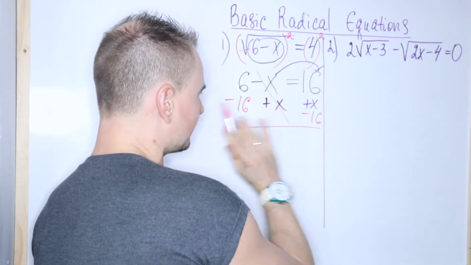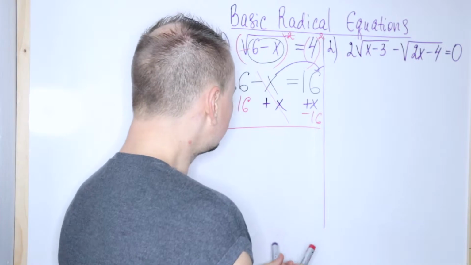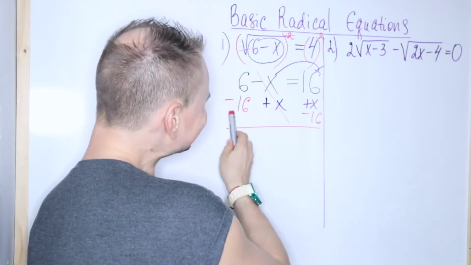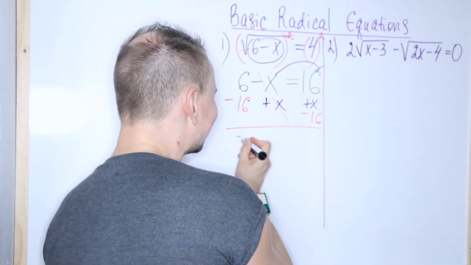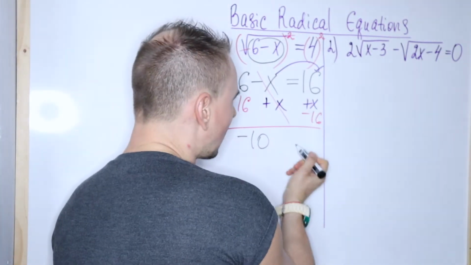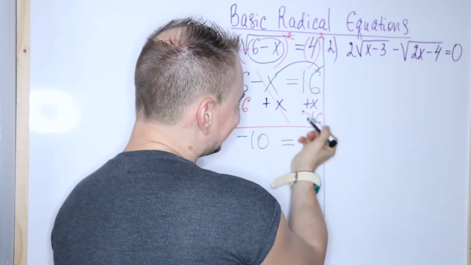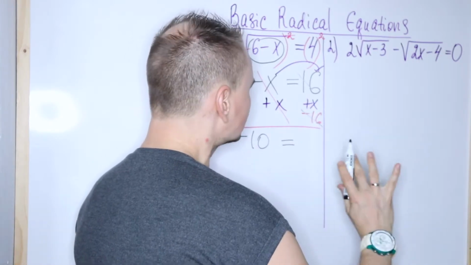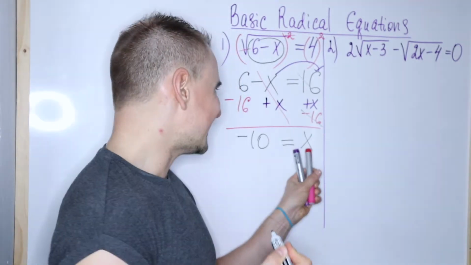So x goes away, disappeared, and you would be left with 6 minus 16 gives you negative 10. Drop down the equality sign, so 16 and negative 16 drop out, go away, disappeared, and you would be left with x.